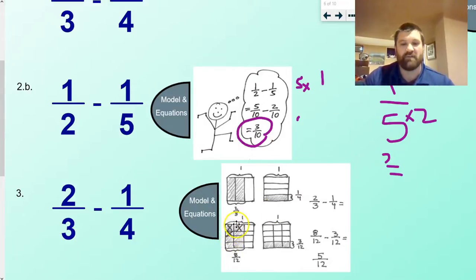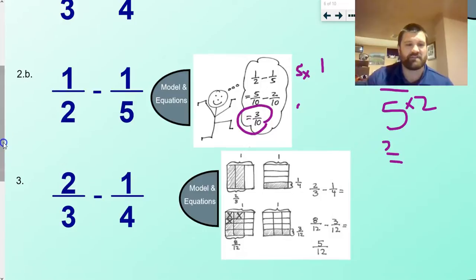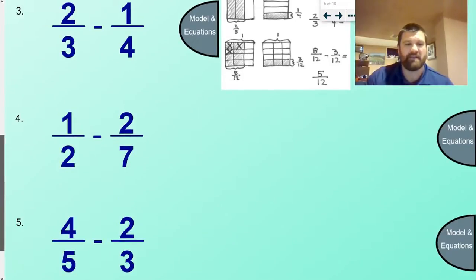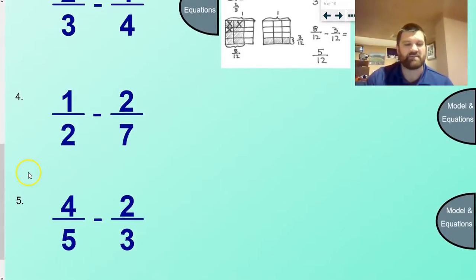This is 1/3. 1, 2, 3, 4. Or on the other side, you're splitting each fourth into thirds. 1, 2, 3. And you're left with 8/12 minus 3/12. 8 minus 3 is 5. You're left with 5/12. Easy peasy, lemon squeezy.